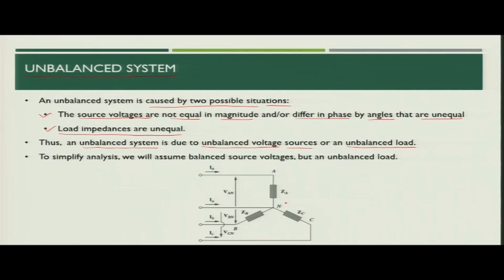Now, to simplify the analysis, in this particular session we will assume that the source is balanced, meaning the voltage magnitudes as well as angles are as per the balanced voltage source, but the load is unbalanced. It means that the load impedances, that is ZA, ZB, ZC, are not the same.